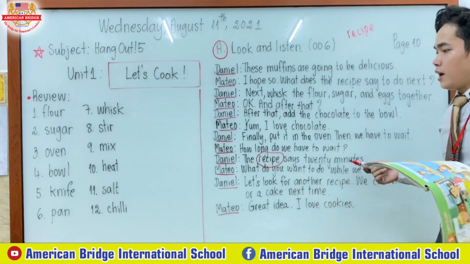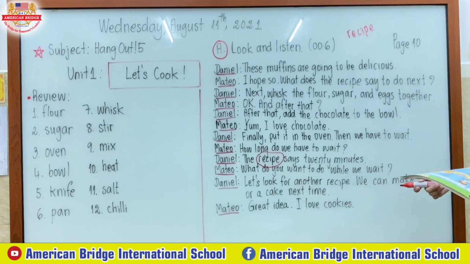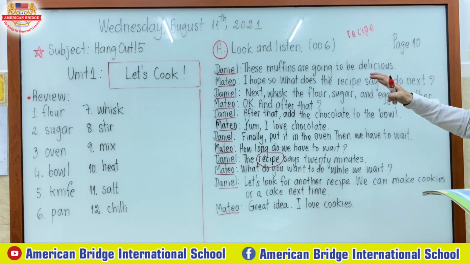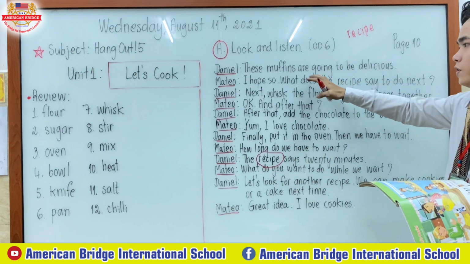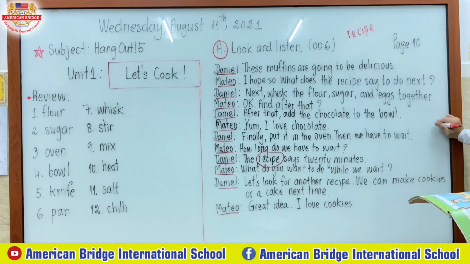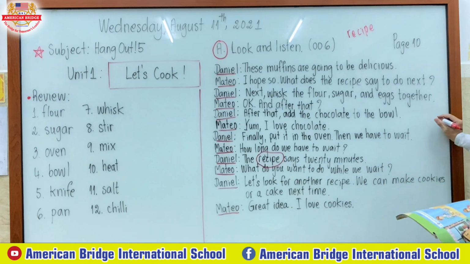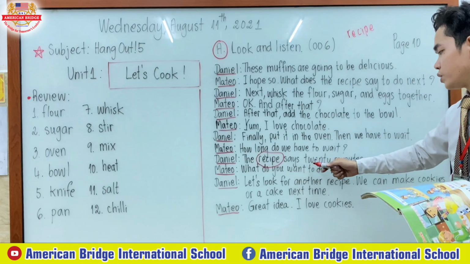Okay, now let's go back to the conversation. This conversation has two people talking about cooking muffins, right? And by the way, in order to make the muffin done, they also need to wait for 20 minutes.